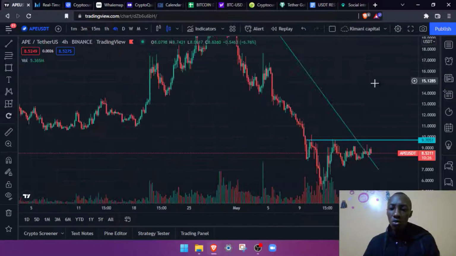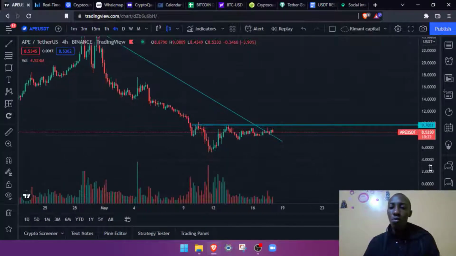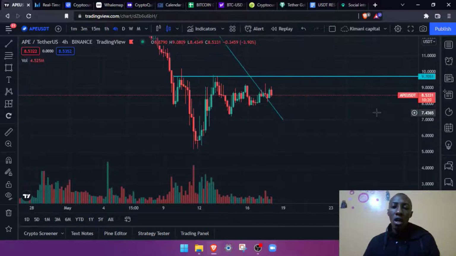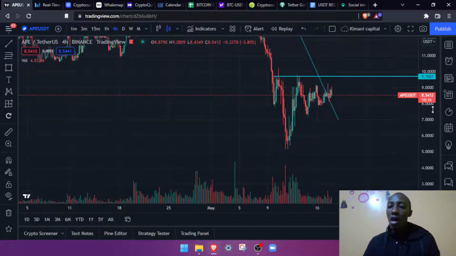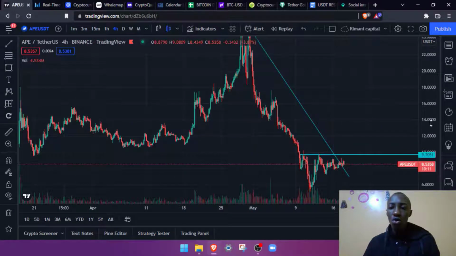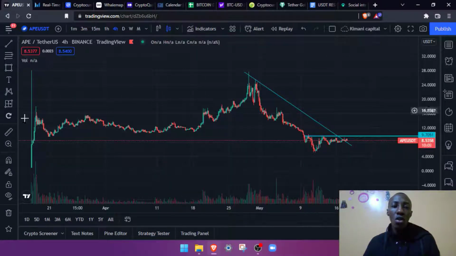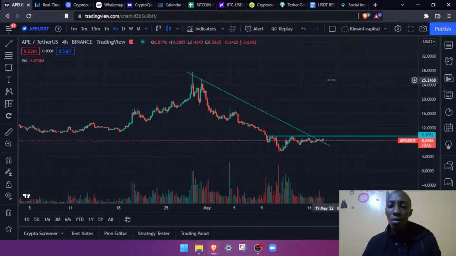Then ApeCoin as well is another token that I'm looking at fundamentally, which means it will be wise, once I understand the on-chain data, to relate that to the technicals and trade it as well. As you can see, we're also in a very strong downstreak after the huge FOMO, hype and pump that happened.